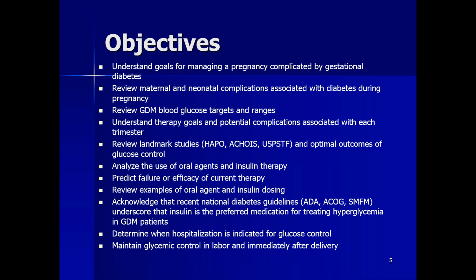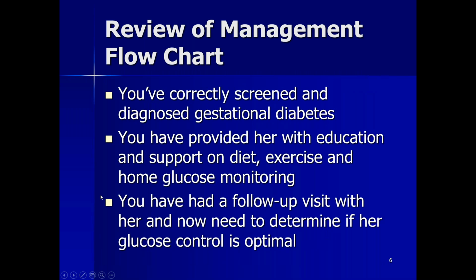Because these things have changed a lot, differing organizations have differing sets of guidelines. The American Diabetes Association and ACOG have one set, and the Society for Maternal Fetal Medicine has another, which we will go over. We'll talk about cases where hospitalization may be indicated for glucose control, and then a little about glycemic control in labor and immediately after delivery.